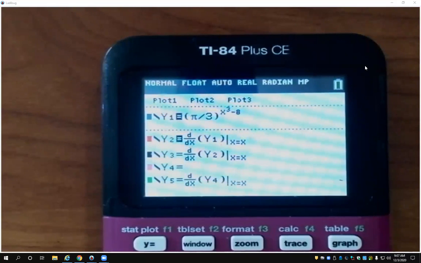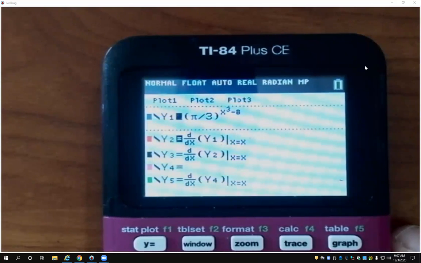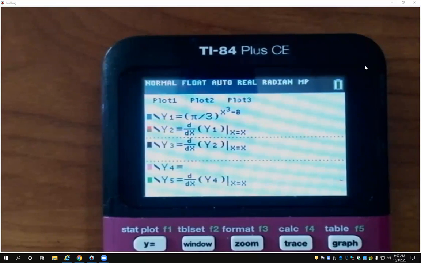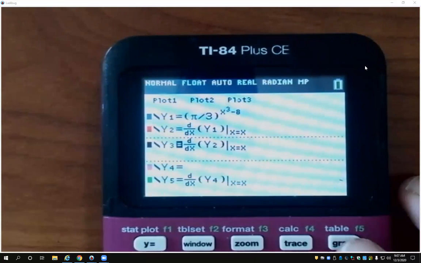So it should look like that in your calculator. I don't care about looking at that graph. And I don't care about looking at the first derivative, which is in my y2. I care about looking at y3, which is my second derivative. Okay, so I'm going to do that. And I'm going to hit graph now.